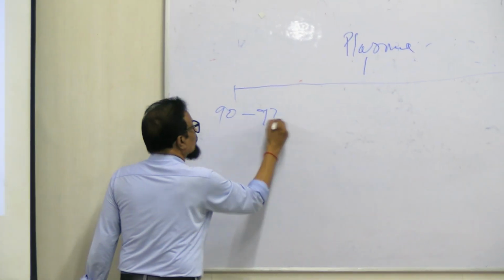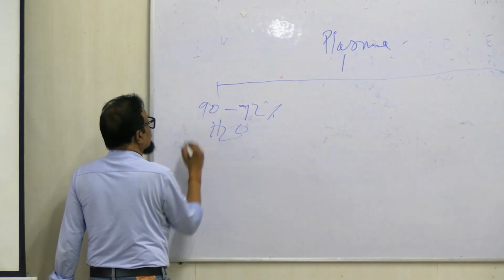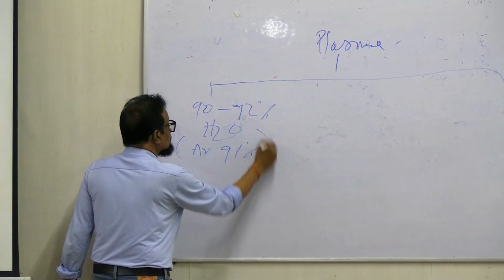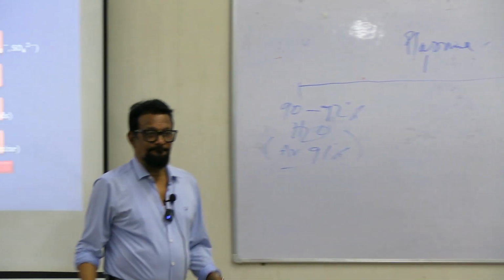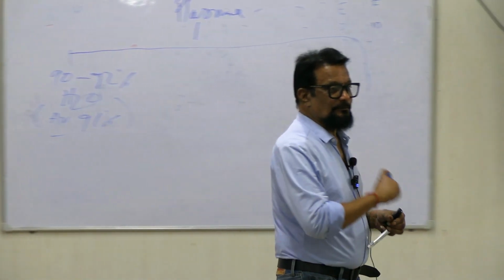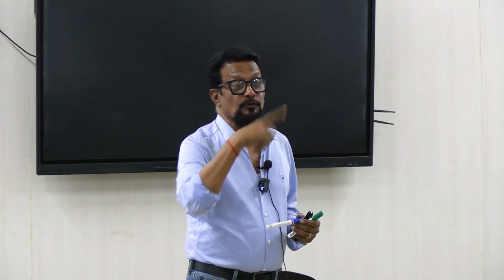90 to 92% is water. Average 91%. I will ask, if the percentage amount of water is less than normal, less than 90%, what will happen to your body?